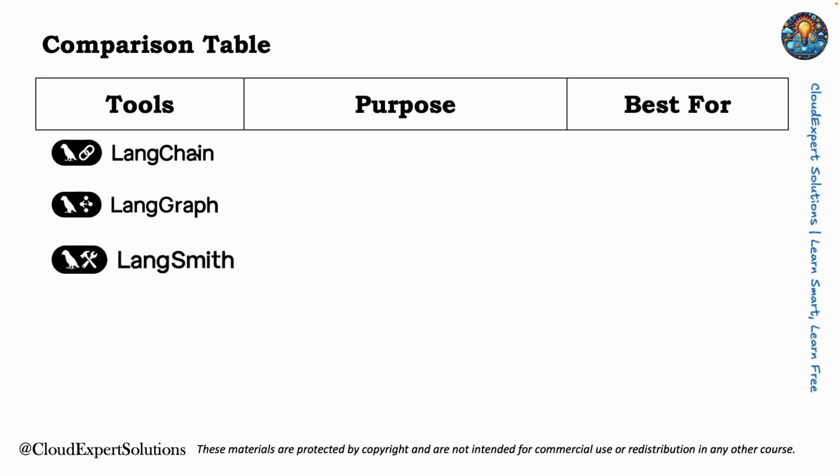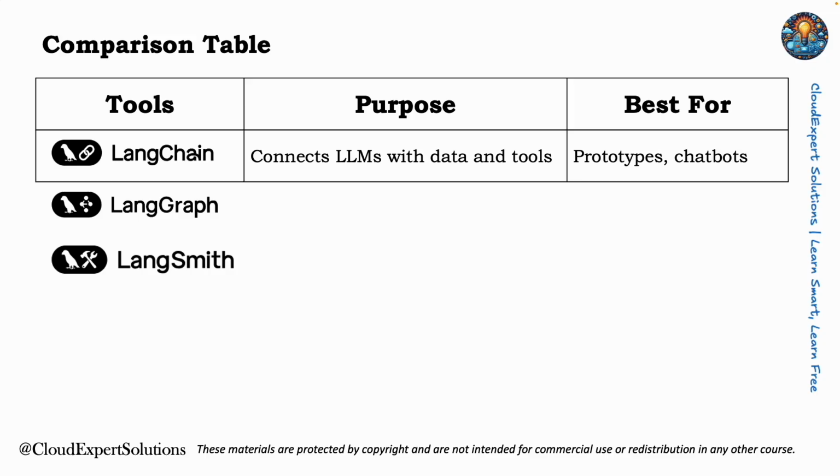Here is a quick snapshot of LangChain, LangGraph, and LangSmith in terms of their purpose and what they are best used for. LangChain is for chaining together steps. You can use it to connect LLMs with your data, tools, or RAG, and that is the best fit for chatbots or prototypes.